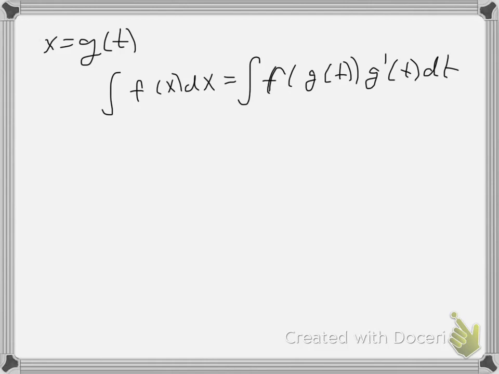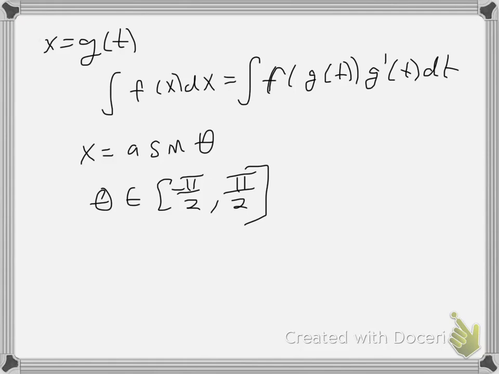We can make the inverse substitution of x equals a the sine of theta, provided that it defines a one-to-one function. This can be accomplished by restricting theta to lie in the interval between negative pi over 2 to pi over 2.